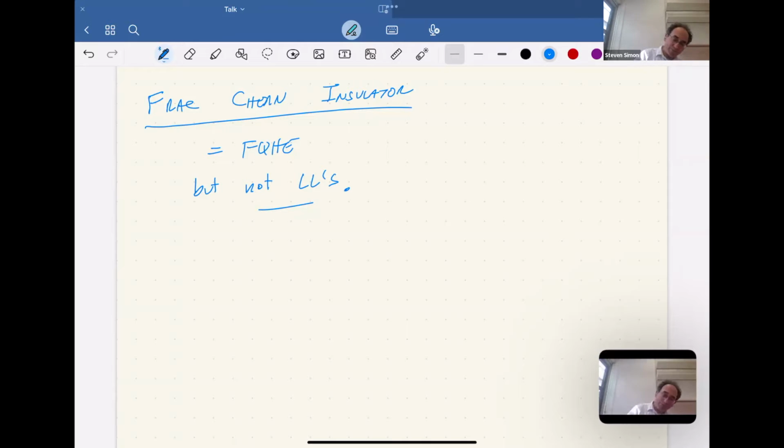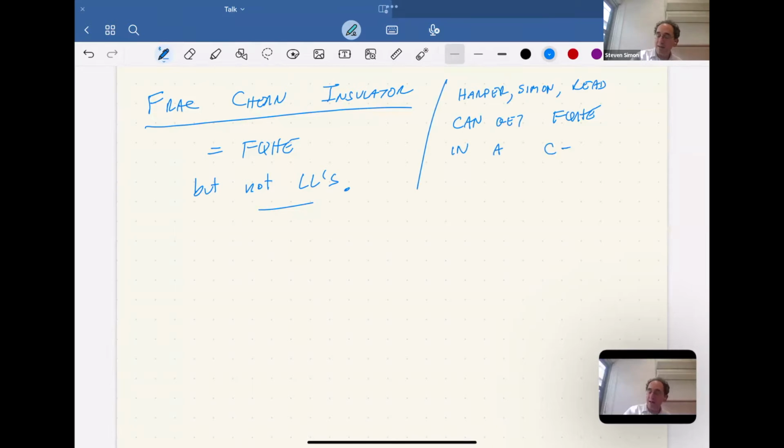In fact, a rather surprising result, which I'll just quote, a result of a paper by myself and Harper, Simon, and Nick Reed, shows that you can get fractional quantum Hall effect in a Chern 0 band. So in fact, the band can be Chern 0. And if you're familiar with the idea of Berry curvature, the Berry curvature can be equal to exactly 0. And you can still get fractional quantum Hall effect if the interaction is appropriate.